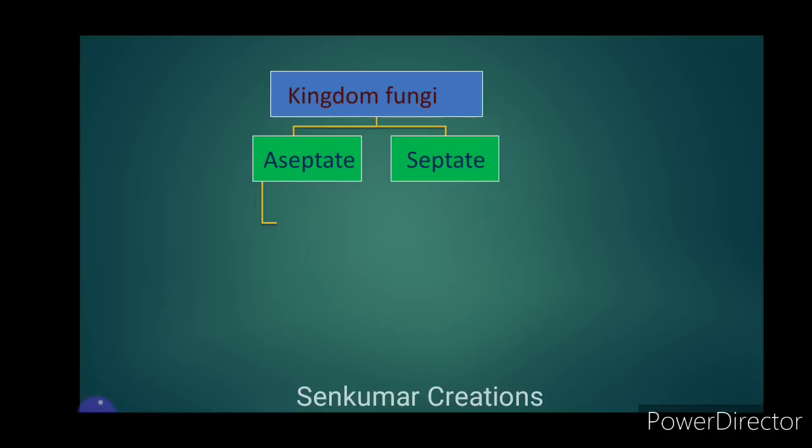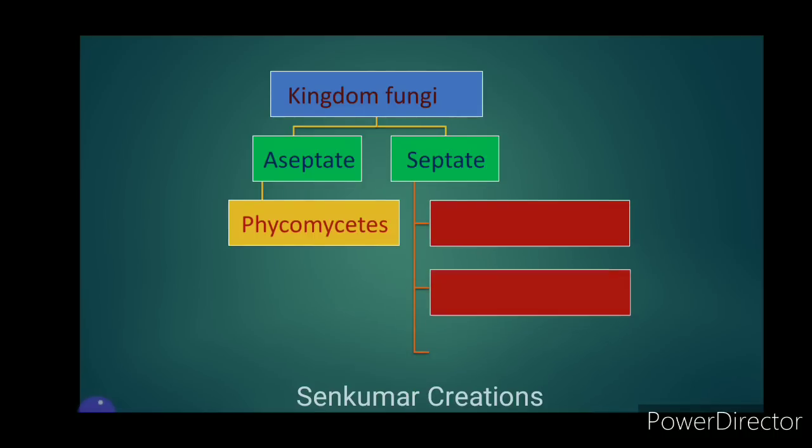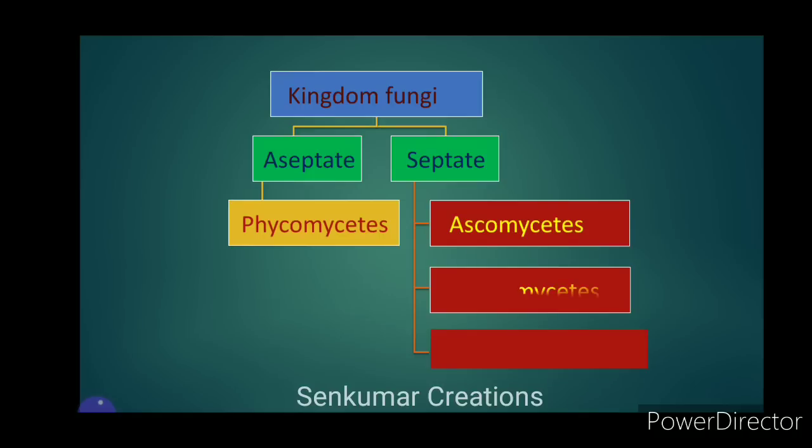So the aseptate fungi can be classified as phycomycetes, and septate can be classified into three groups. The first one is called ascomycetes, the second one is called basidiomycetes, and the third one is called deuteromycetes.